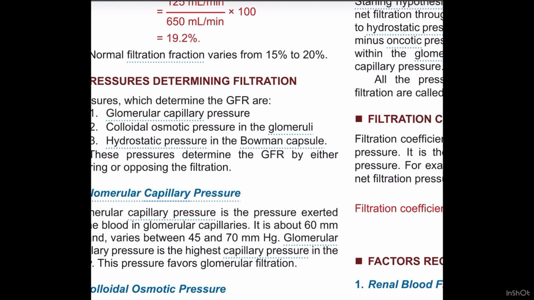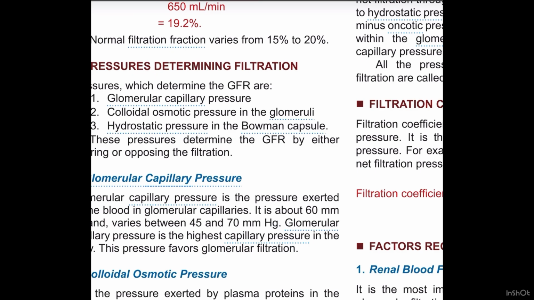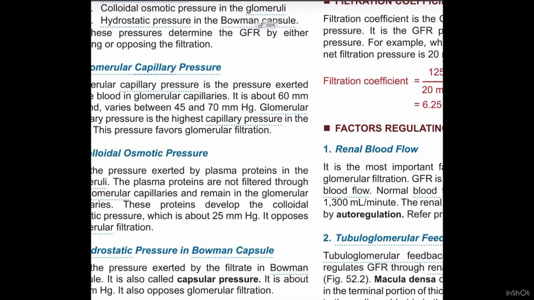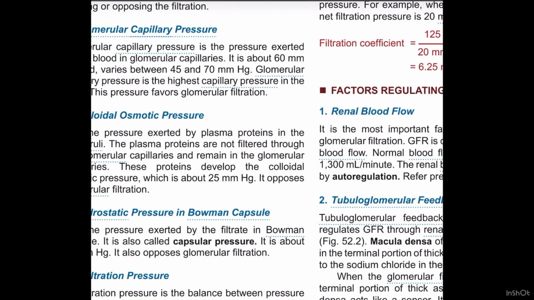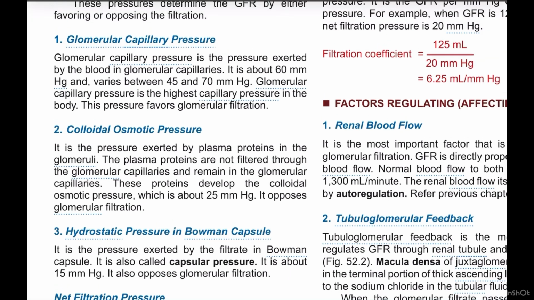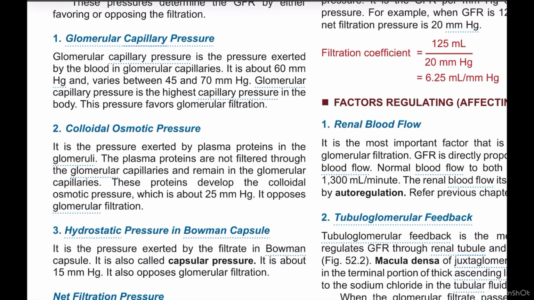Next we go with the pressures determining the filtration. There are 3 pressures: glomerular capillary pressure, glomerular hydrostatic pressure, and colloidal osmotic pressure. First we go with glomerular capillary pressure.